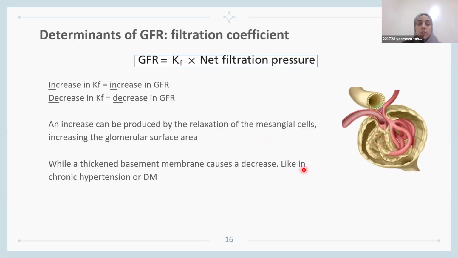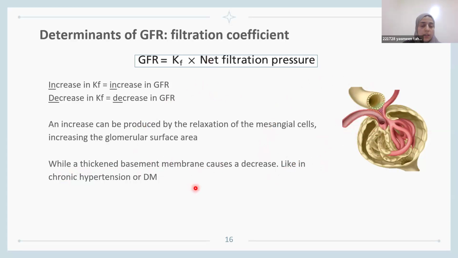And in some diseases, the filtration coefficient can be decreased by a thickened basement membrane. The basement membrane is the middle layer in the filtration barrier. Logically, if it's thickened, it's not going to allow water to leak out of the capillaries as easily. So it will decrease the filtration coefficient.